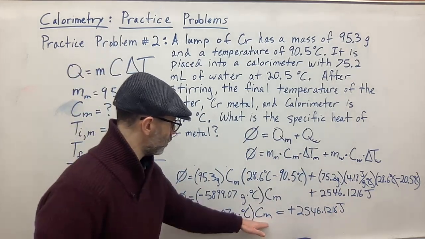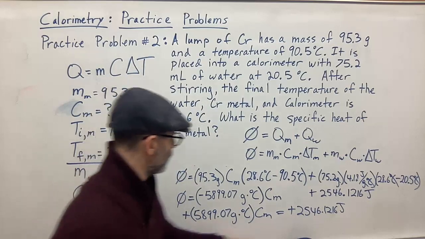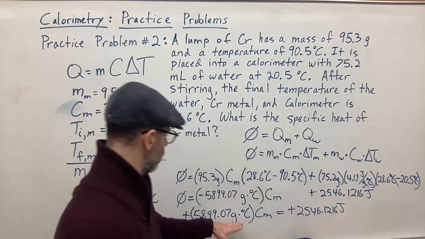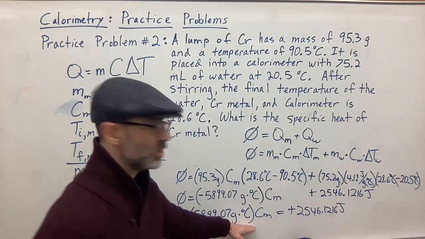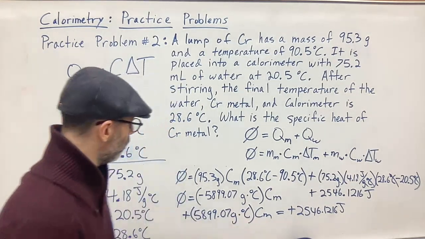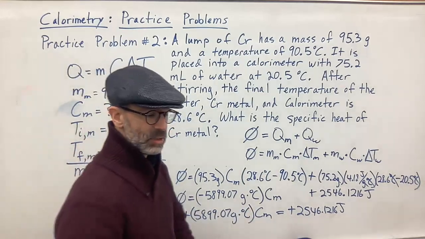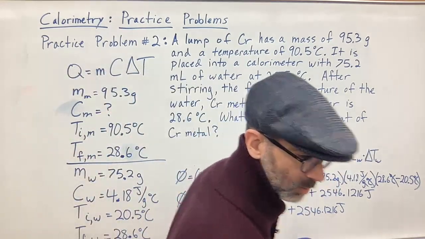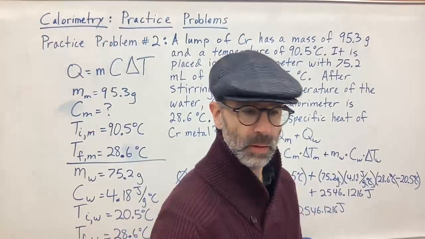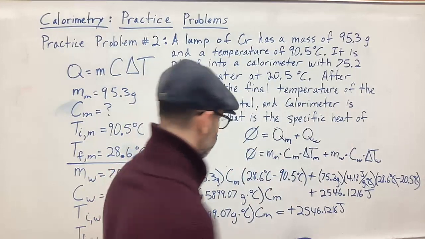To solve for the specific heat, I just divide both sides by this, and I end up with joules over gram degrees Celsius, which is what I would expect for specific heat in general. So when I do that, I get an answer of 0.432.